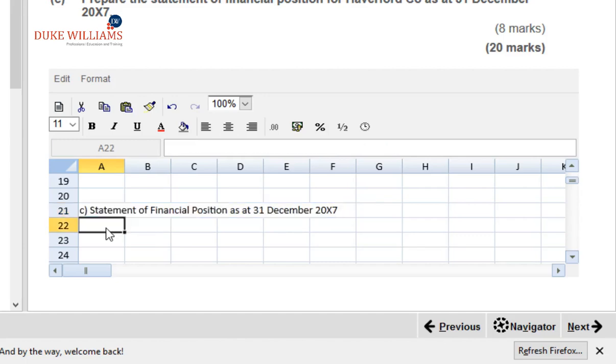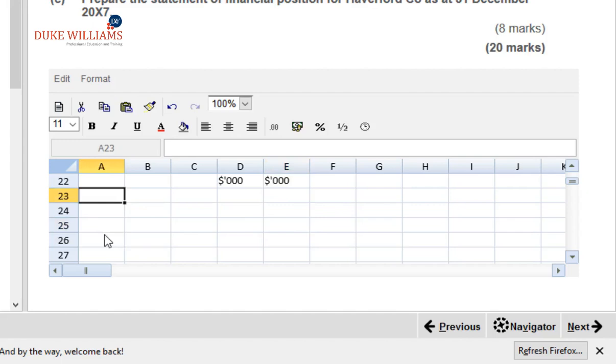Good. Now for the financial position, I know I need my assets, so let's create 2 columns, rounded to 3 zeros. So to start with, I'll have my assets.